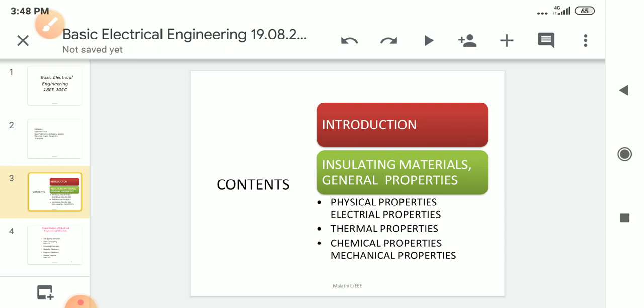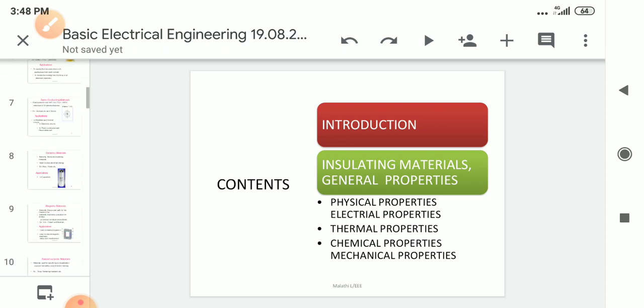In our previous video lesson, we studied the electrical properties, that is insulation resistance, dielectric strength, dielectric loss and power factor.